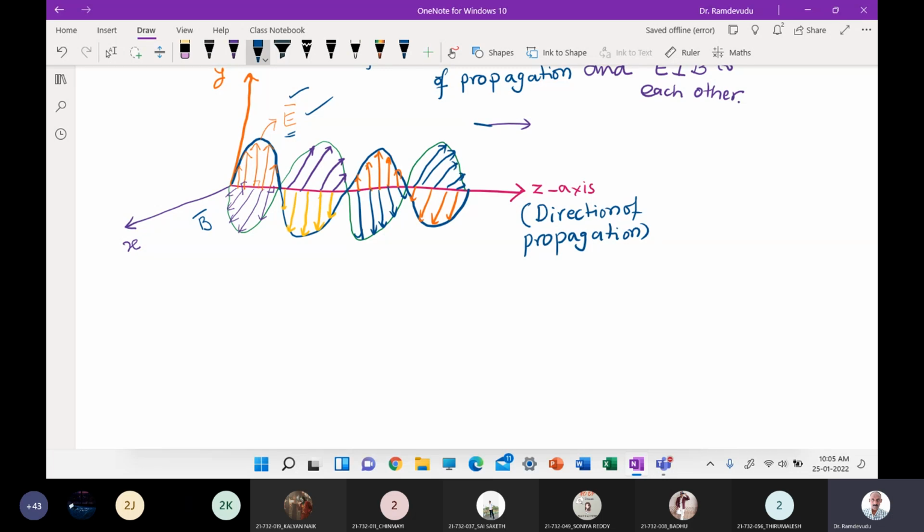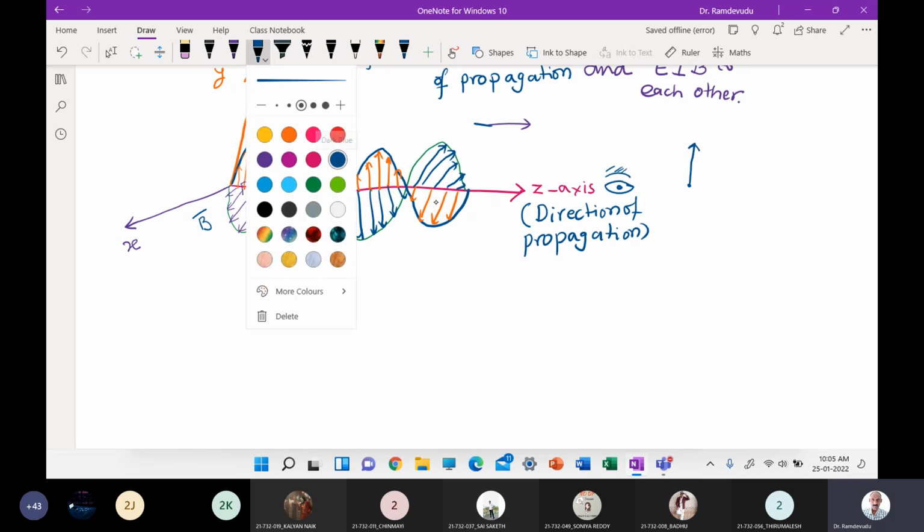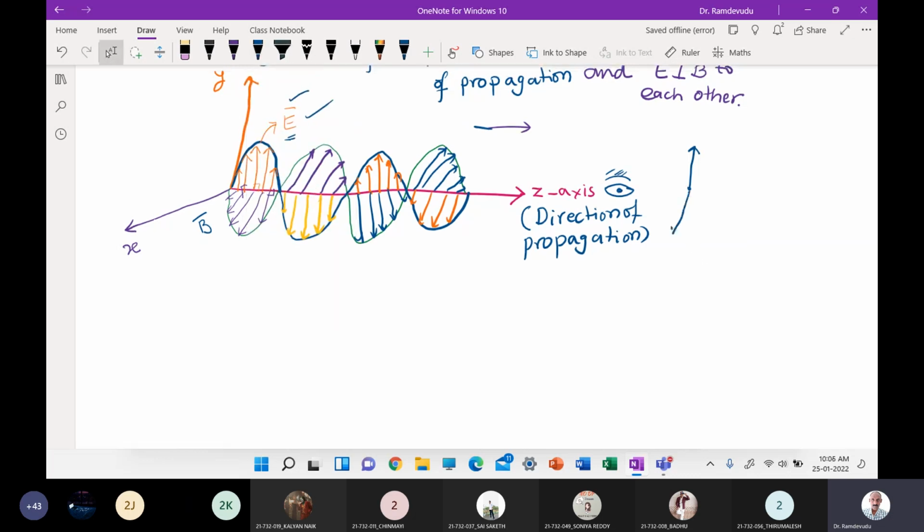That means if I just look from the direct x-axis from here, I feel that the E vector is initially in the upward direction, but later it has moved to a perpendicular direction, downward perpendicular to the x-axis. And later it is now perpendicular in this direction and perpendicular in this direction.